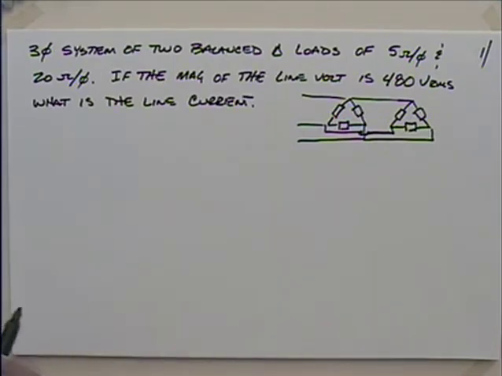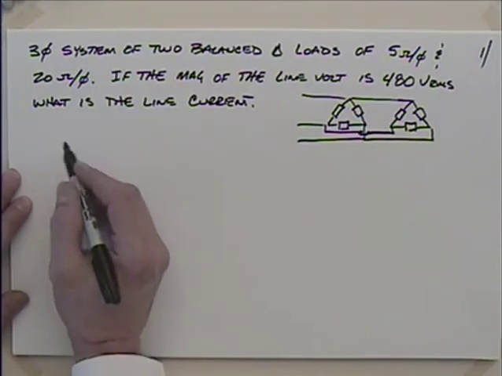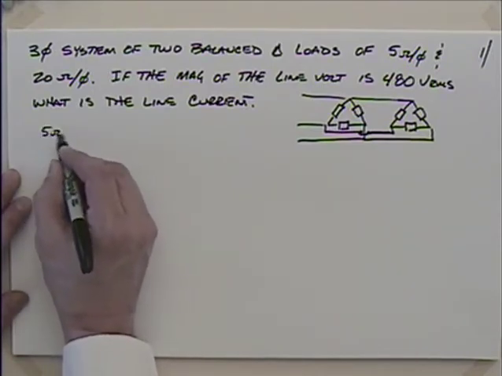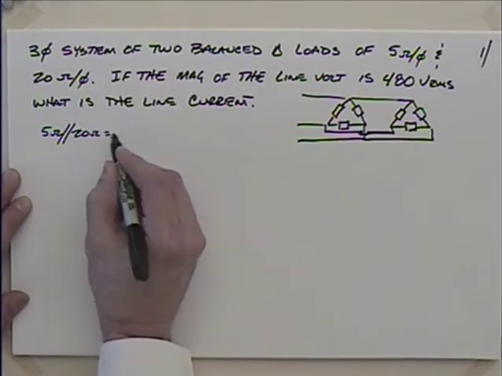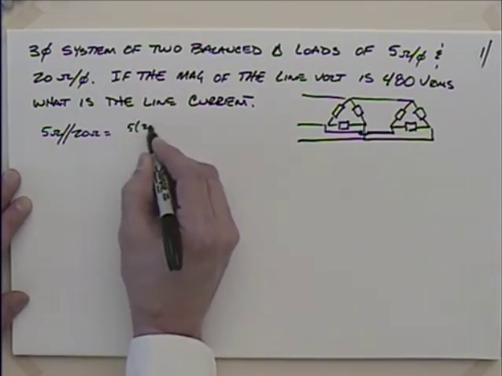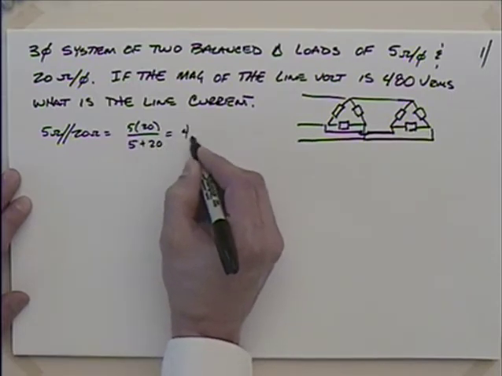So I'll show you how to solve this a couple ways. Probably by far the fastest way to do this is to recognize that those two are in parallel. So you would have 5 ohms in parallel with 20 ohms, which by product over sum, 5 times 20 divided by 5 plus 20 gives you 4 ohms, right?